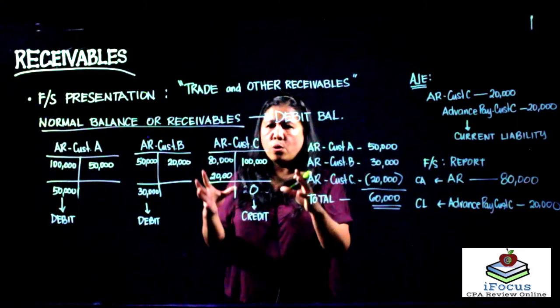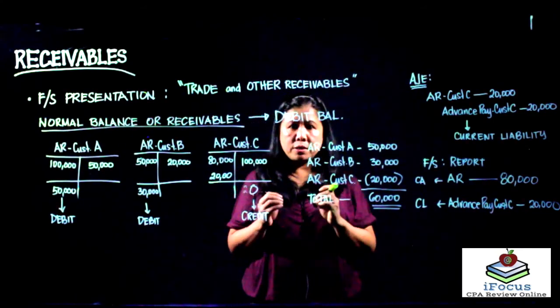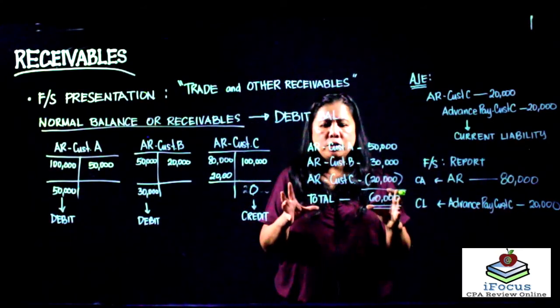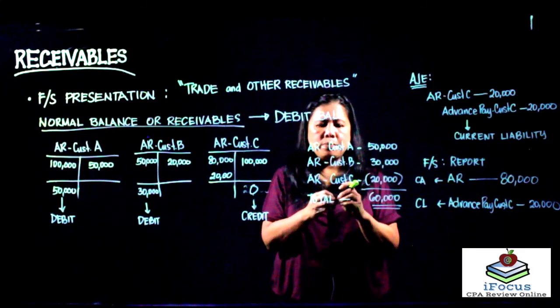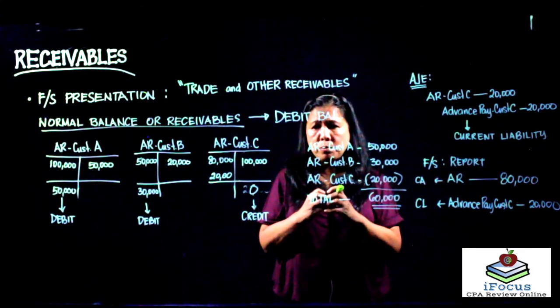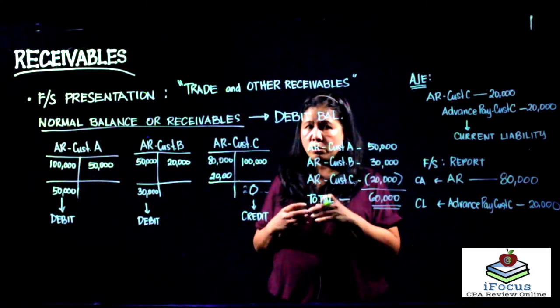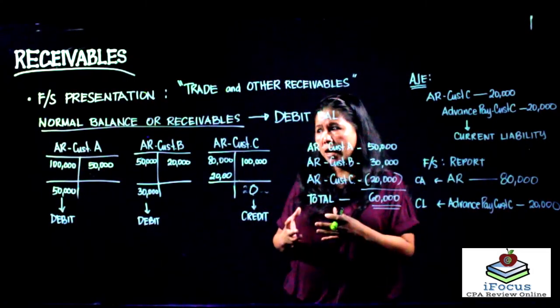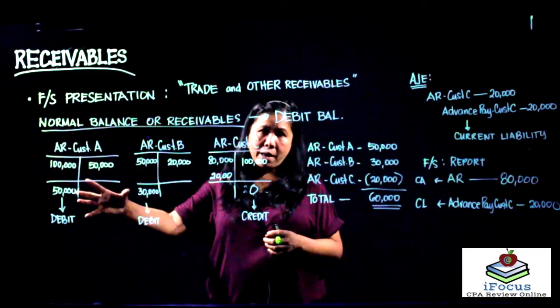If we ignore the credit balance on customer C's T account, all in all, our total will be 60,000 accounts receivable, and this is not acceptable. The credit balance on accounts receivable cannot be offset against the other debit balances.